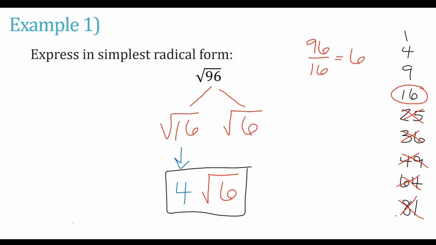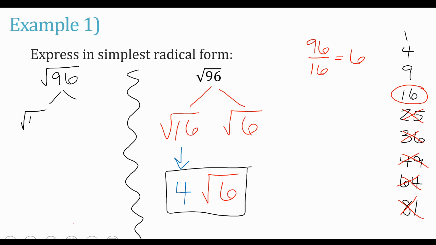So one example I want to show you is, say you couldn't find the largest perfect square, but you know of a perfect square. So say you knew that 4 goes into 96. Okay, so we can split this up into radical 4 and radical 24. Now the square root of 4 is 2, so I'm going to just bring that down. But we're not done because we can simplify the radical 24.